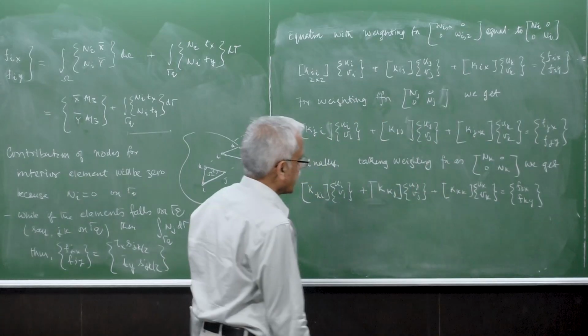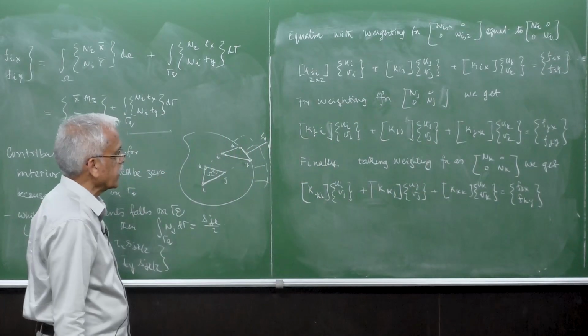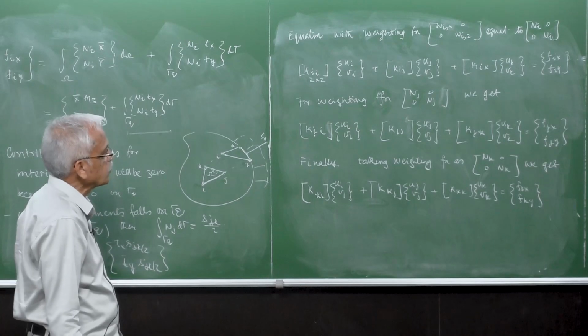Okay, so this is another equation. So like this, we have 2, 2, 2, 2.